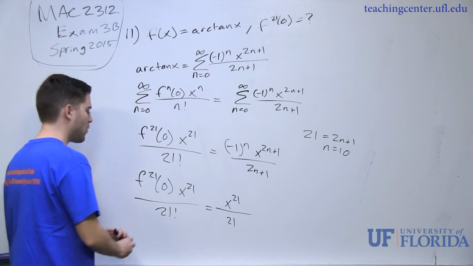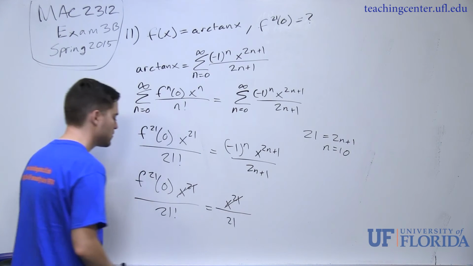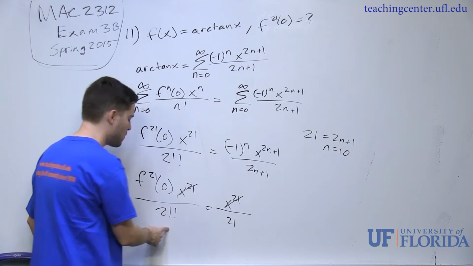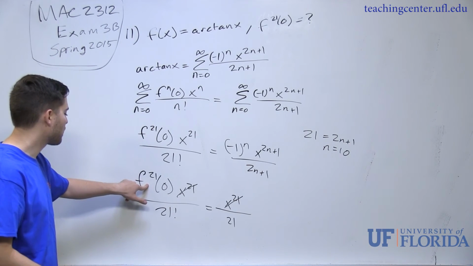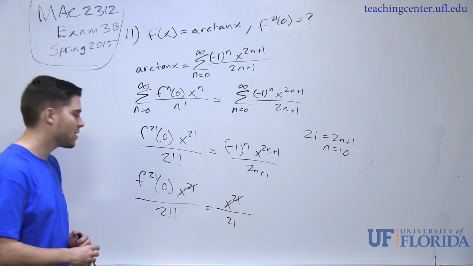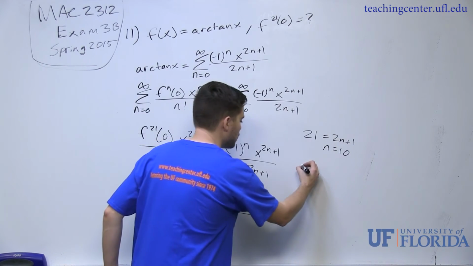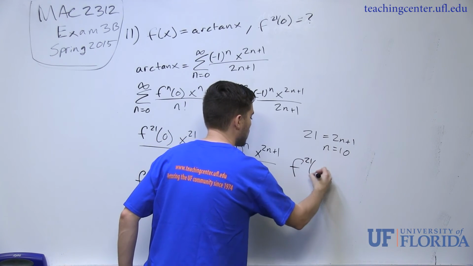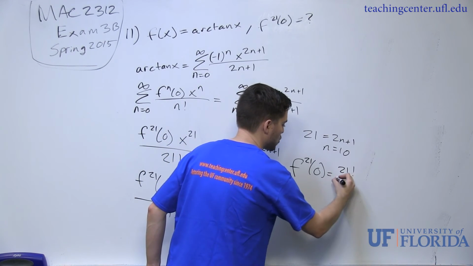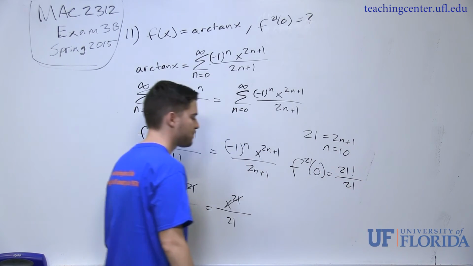Good. Now I can cancel out these terms, and all I'm left with is an expression with nothing but numeric values. To solve for f^(21)(0), all I need to do is move this factorial over to the other side. I end up with f^(21)(0) equal to 21 factorial divided by 21.